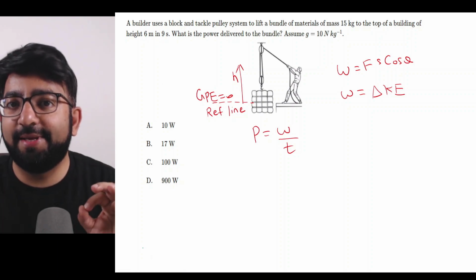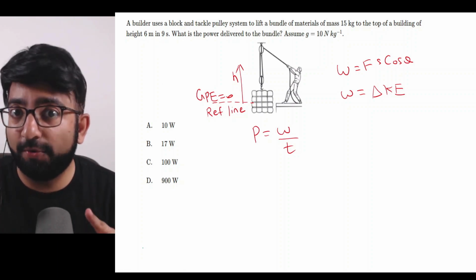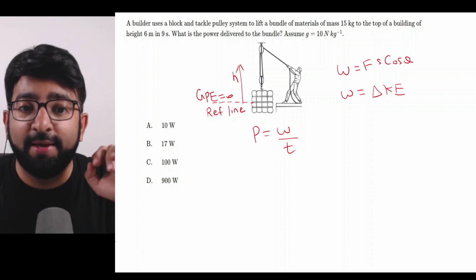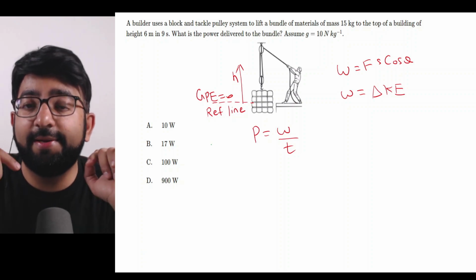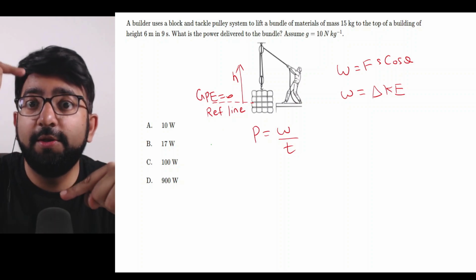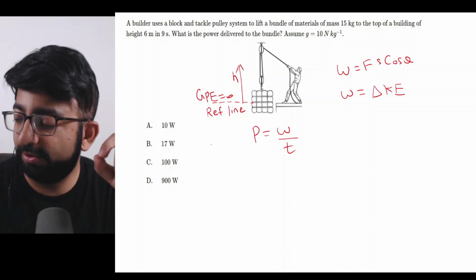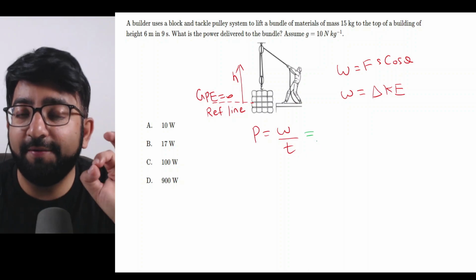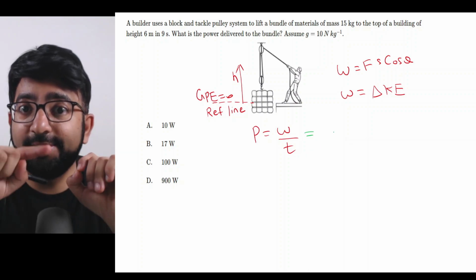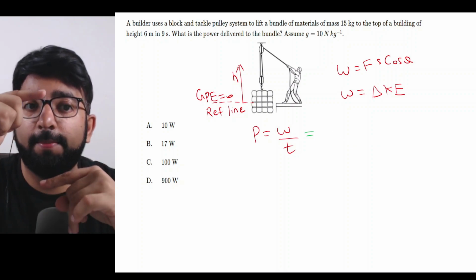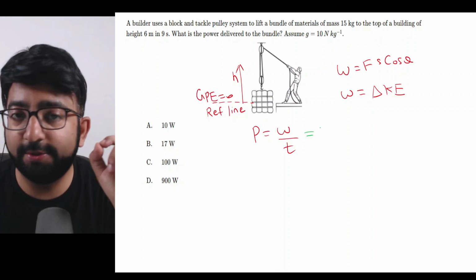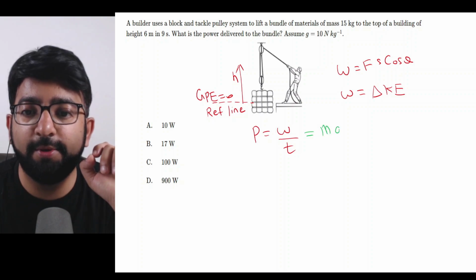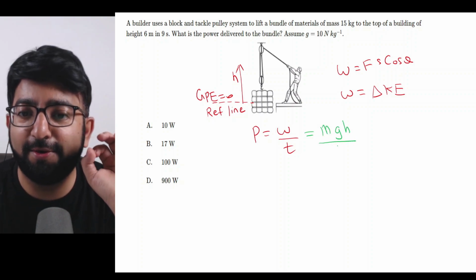If you analyze carefully, it is the gravitational potential energy which is changing. Initially, it is zero, and finally it has been taken to a height. So the new potential energy will be mgh. So instead of work done, we will write the change in the gravitational potential energy. When this entire mass is lifted up to a certain height h, which is 6 meters, the work done will be written as mgh, and time is in the denominator.